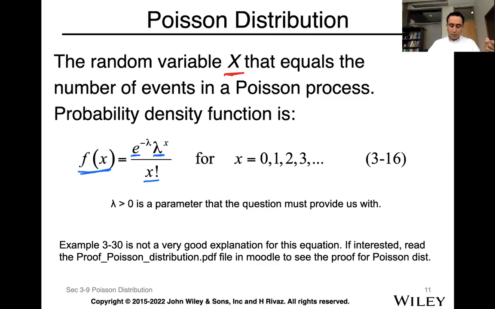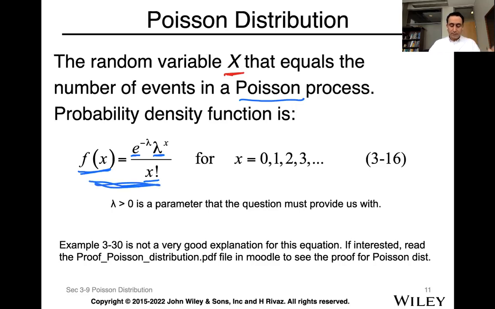You might ask, why this weird equation, exponentials and all of that? You can arrive at the Poisson distribution from the binomial distribution, right? So I will post a very nice PDF on Moodle that proves why the binomial distribution in the limit becomes Poisson distribution.